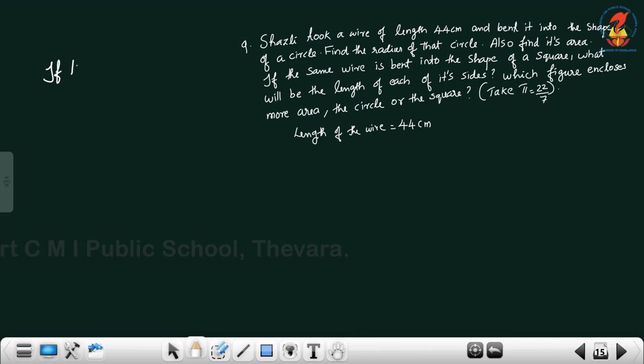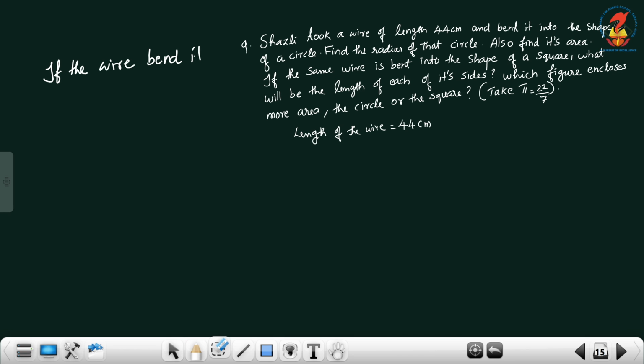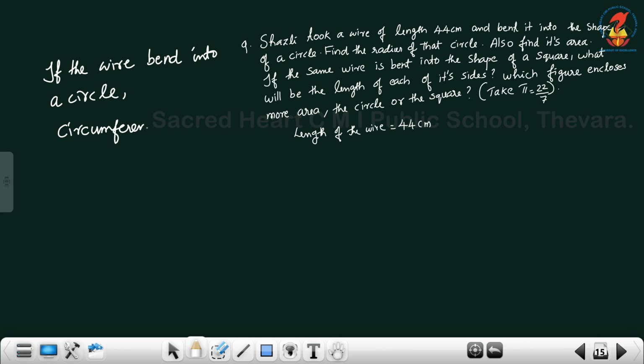Here, if the wire is bent into a circle, circumference equal to, what is its circumference?